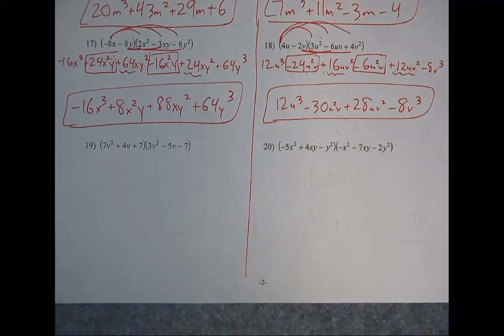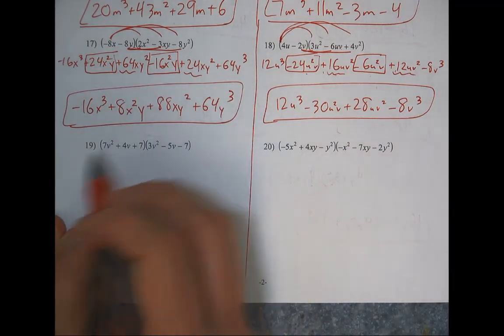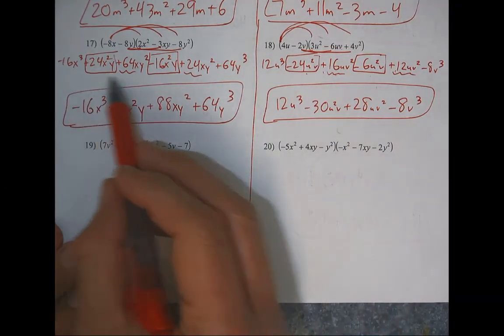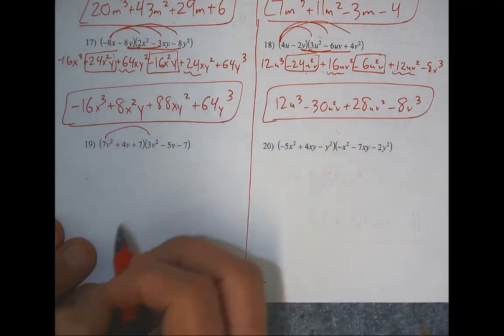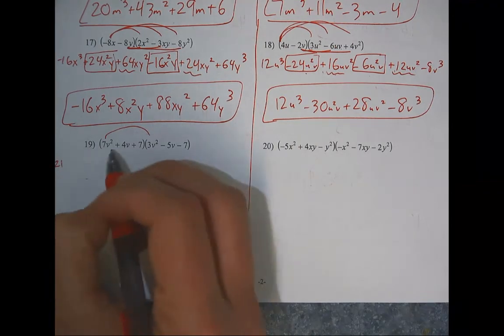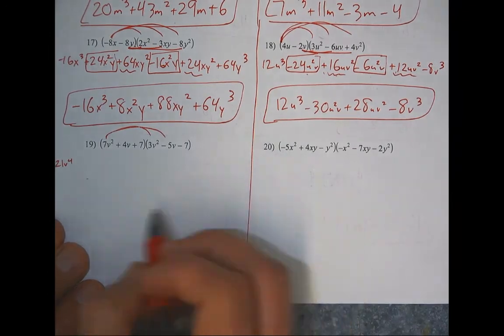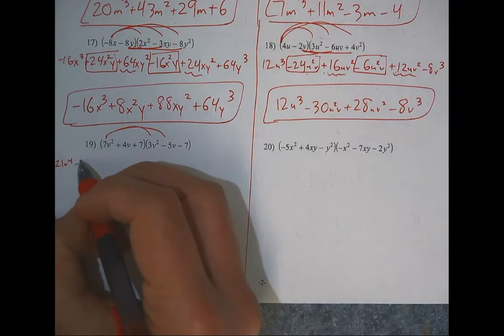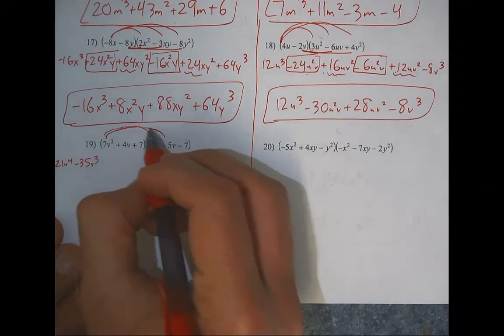Okay, 2 more now. Now these are the longest ones, trinomials. So it's going to be 3 for each one of these terms. We're going to have 9 across here. So you can see I barely fit 6, so I'm going to probably need some more room here. So 21v to the fourth. That's negative 35v to the third.